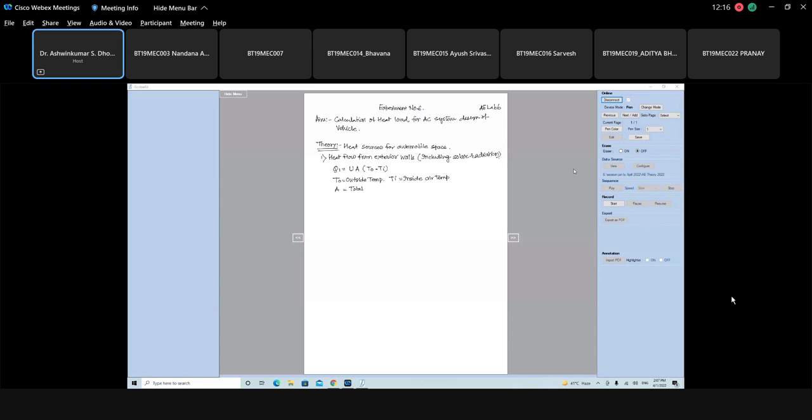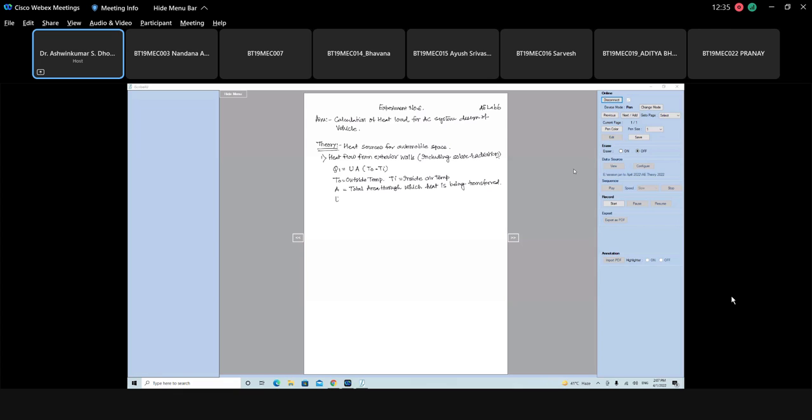It is the total area through which heat is being transferred.